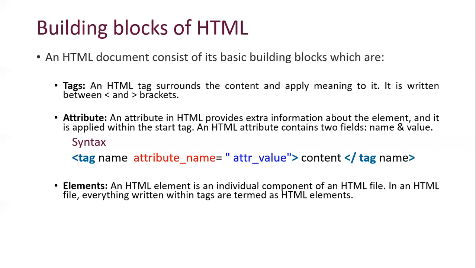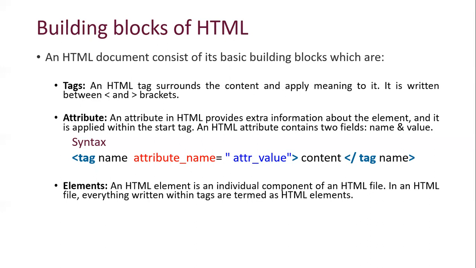It adds additional features to the tag. Whatever elements we consider in our web page, the attribute adds extra features, extra information, extra knowledge to them. I will give you an example in the coming slides.